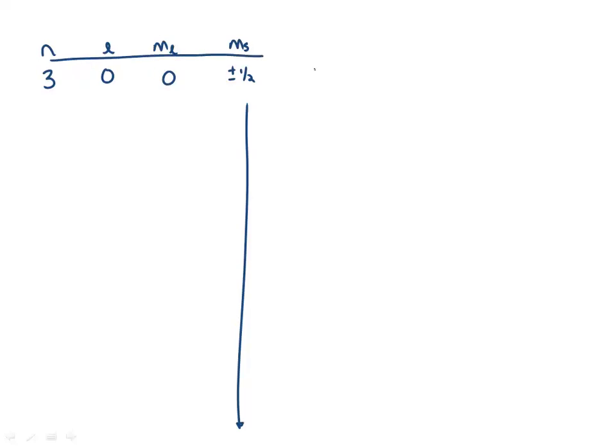So this is describing our 3s orbital. Then I can have 3, 1, 0, plus or minus 1. That's describing my 3p orbital. So I can put 2 electrons, 6 electrons.